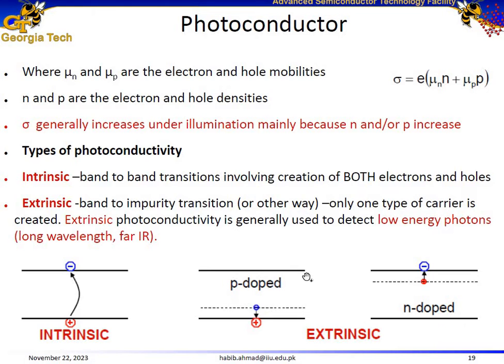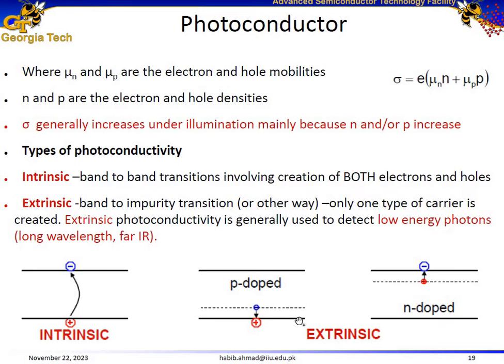In case of p-type doped photoconductors, we actually introduce acceptor levels close to the valence band of the semiconductor, while in case of n-type photoconductor, we introduce donor levels close to the conduction band of the semiconductor. So in this case, the transition only occurs from the acceptor level to the valence band or from the donor level to the conduction band.